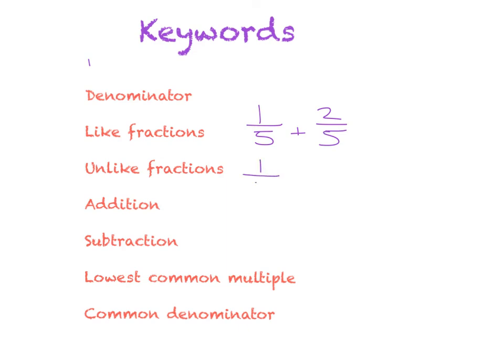And then unlike fractions will not have that case. Addition and subtraction, be careful to watch your signs. A lot of people make mistakes in not looking at what the question is asking. LCM, we needed that to find what our common multiples, our denominators would be. And common denominator, denominator the bottom number, common means the same in both.